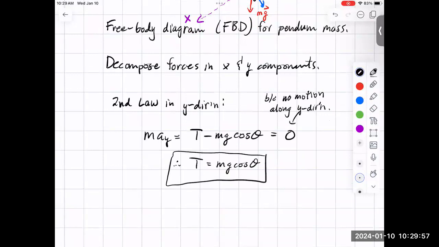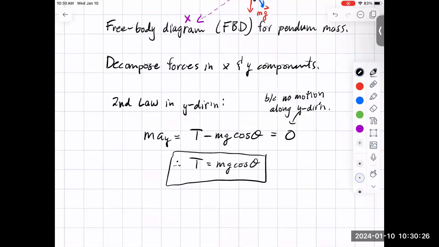All right, and so when you get a result like that, you can check some special cases to see if it makes sense, right? If our mass was hanging straight down, then theta would be equal to 0 and cos theta would be 1. And then our tension would just be mg. And that makes sense because when the thing's hanging directly down, we have the tension up, the gravitational force completely down, they have to balance each other, and so tension is equal to mg.